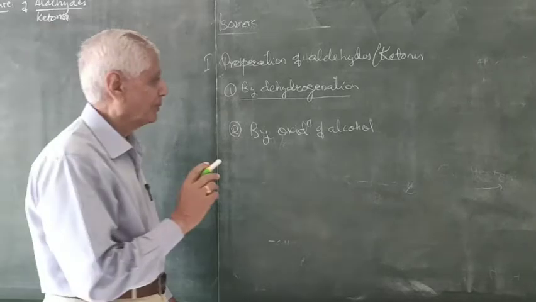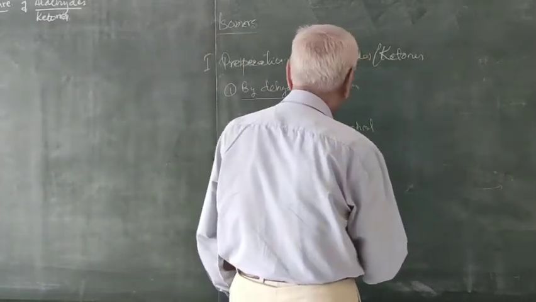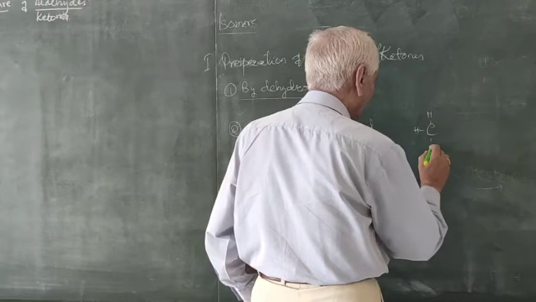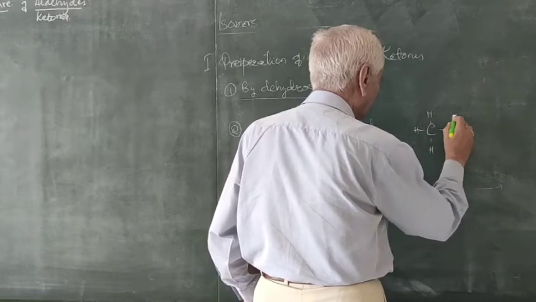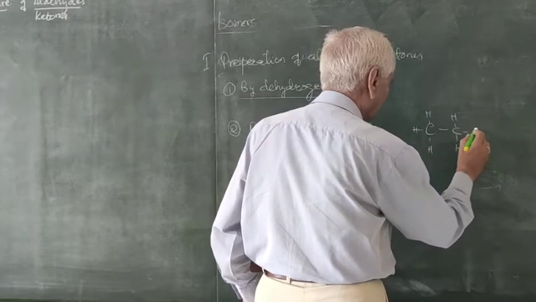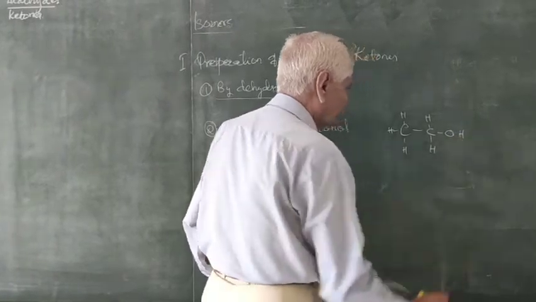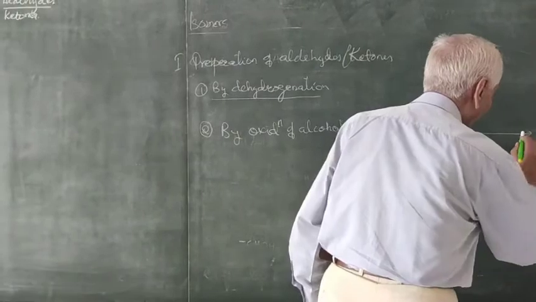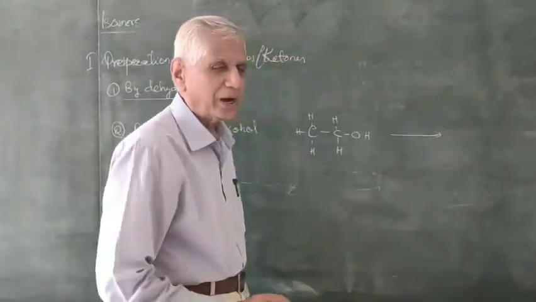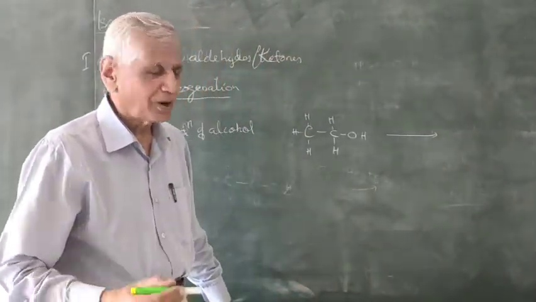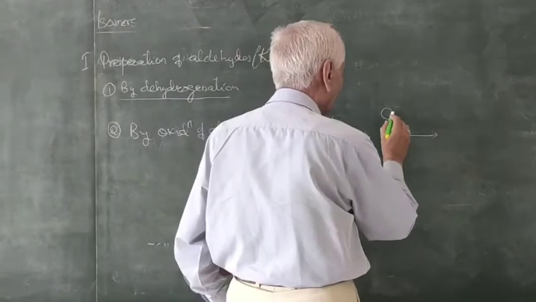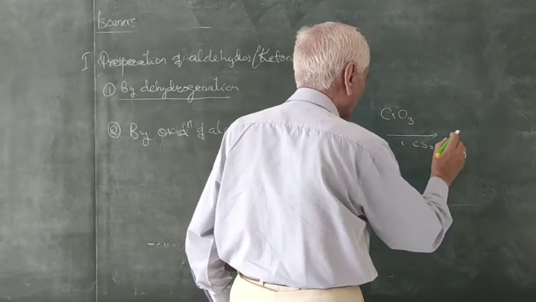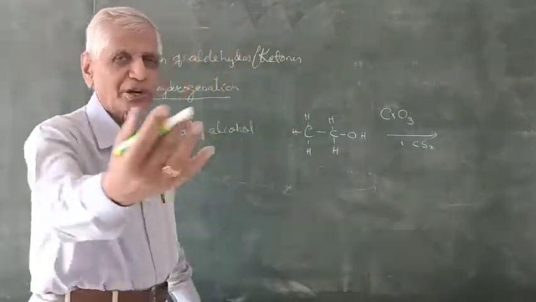Okay, so when this is treated, say for example, CH3CH2OH, with a mild oxidizing agent, for example chromic oxide CrO3 in CS2. Chromic oxide will react here.